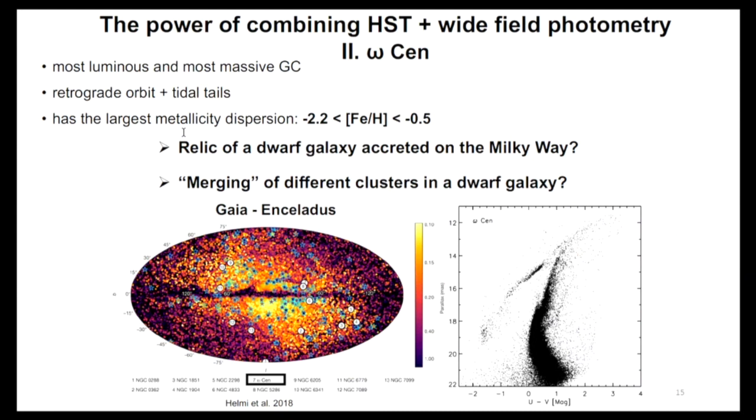It shows more than 1 dex of iron abundance spread, which is a lot, even similar to the abundance spread of a dwarf galaxy. So now it has a retrograde orbit, so it's believed that it's connected to the Gaia-Enceladus galaxy that merged with the Milky Way billions of years ago. Or that it is the result of the merging of some clusters in these dwarf galaxies, and then everything was accreted by the Milky Way.